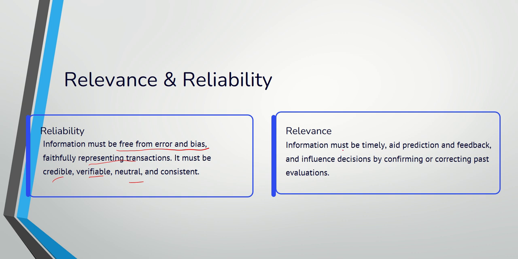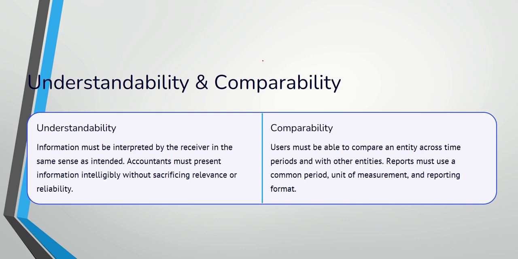Then relevance. The information must be timely, and it should aid future prediction. So looking at the report, I should be able to predict what will happen, whether this company will do good or do better in the future, and I should be able to give feedback on that. And then comes understandability.